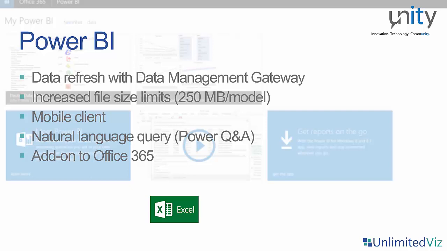So instead of writing a select statement or something like that, you can just ask the service, what were my sales figures for last year? And you'll have to type them right now. Although, again, at Ignite in Chicago, a demonstration was made in Windows 10 of asking Cortana for data from Power BI sources, and that was Power Q&A in the back end.